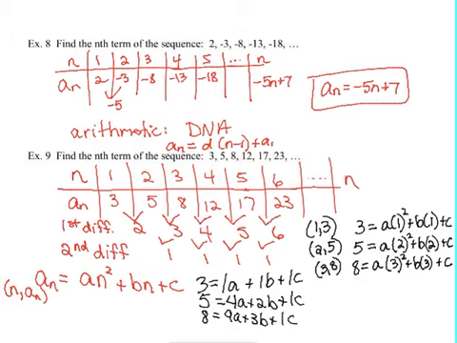Now what I'm going to do is solve this system on my calculator using an inverse matrix. So in matrix A, we're going to put 1, 1, 1, 4, 2, 1, 9, 3, 1. This will be matrix A. So it's a 3 by 3 matrix. In matrix B, you put 3, 5, 8.